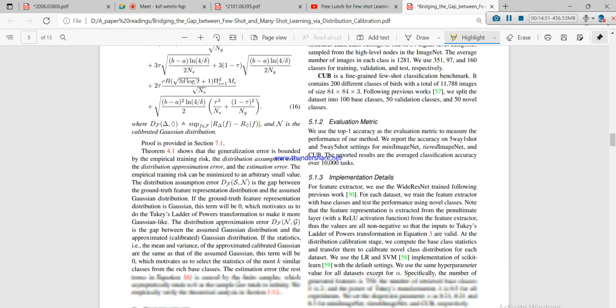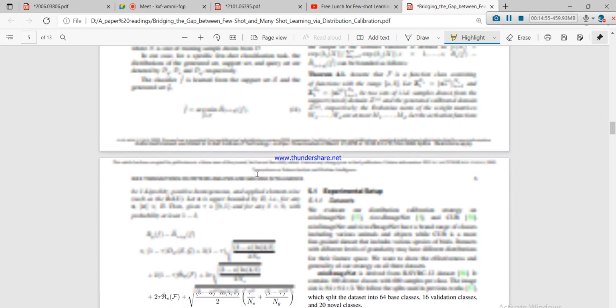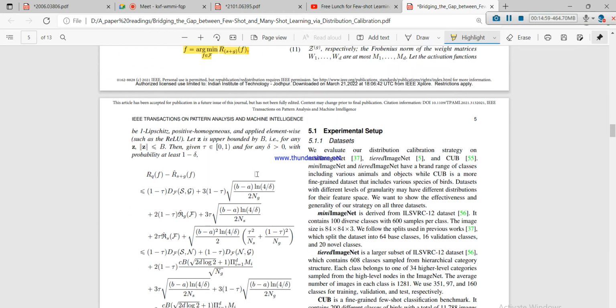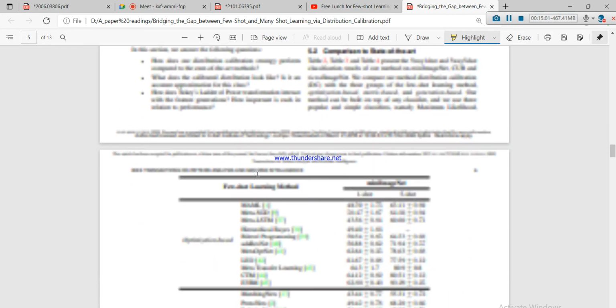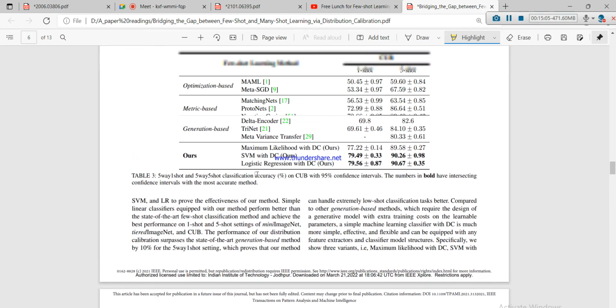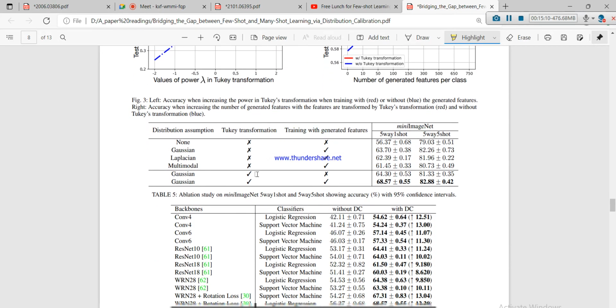So the total difference is in this fourth section they have included in this paper, and the other things are completely similar, no difference, everything is similar.